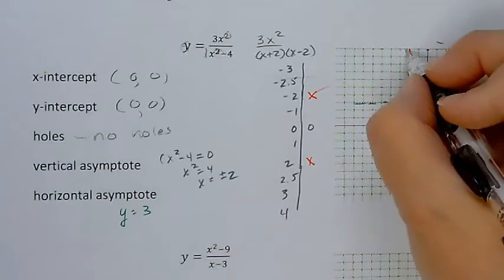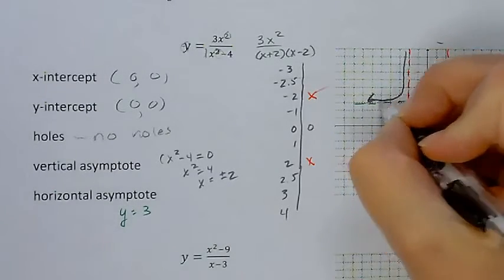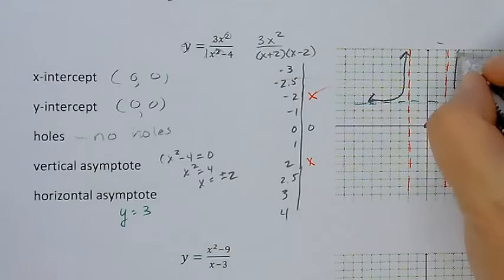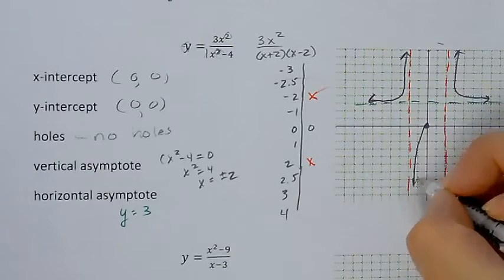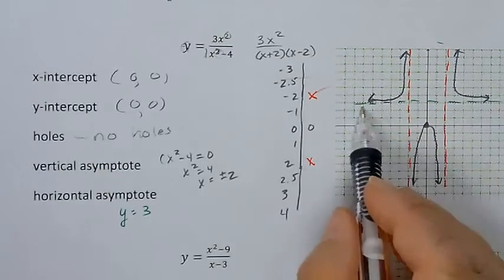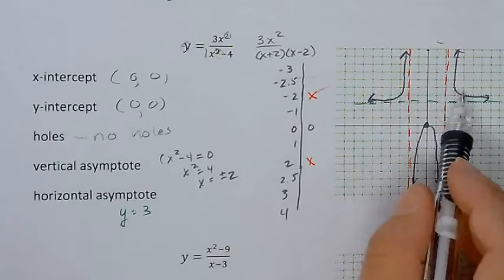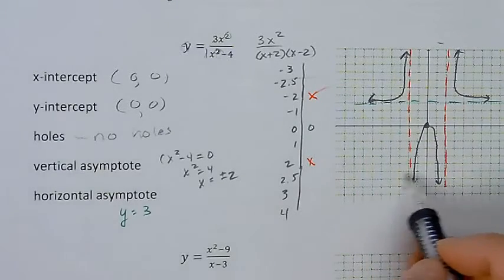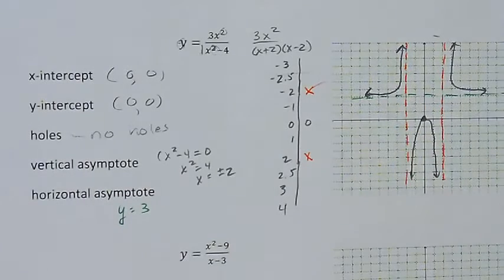But what's going to happen is you're going to get some points over here that graph like this, some points over here that graph like this, and some points here that graph like this. So this 3 is a horizontal asymptote for these 2 parts, but this one doesn't even make it up there. But notice I never cross the vertical asymptote.